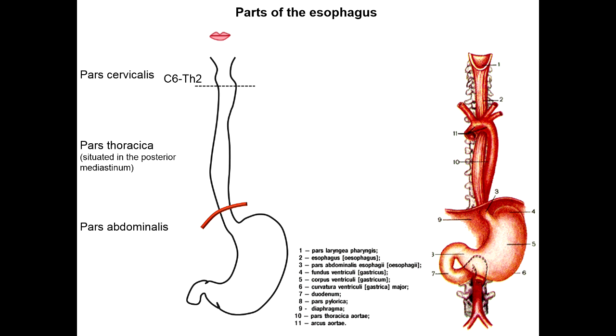So, if we try to compare these three parts, it means that the shortest parts are the cervical and abdominal parts, and the longest part is the thoracic part of the esophagus.